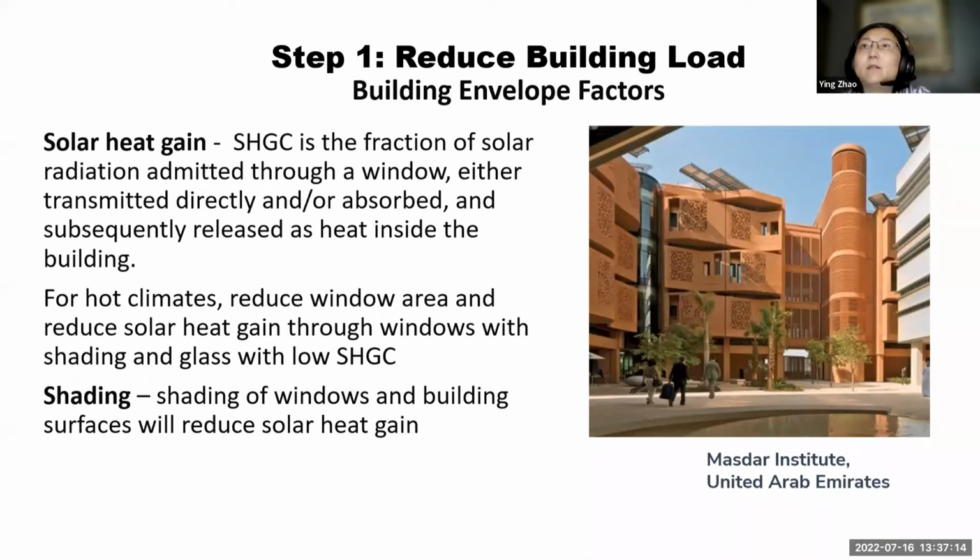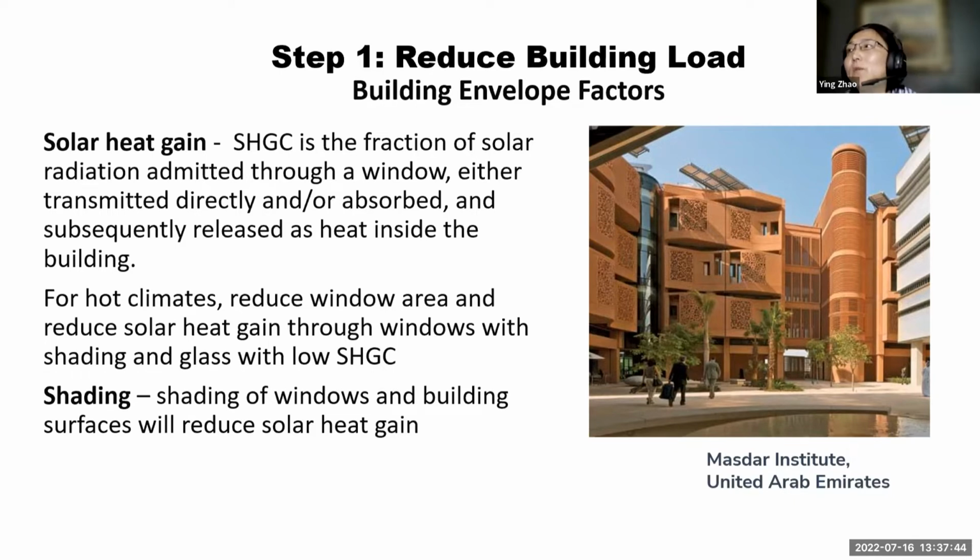The next factor will be solar heat gain. That's very important for both hot and cold climates. The solar heat gain coefficient is the fraction of the solar radiation admitted through the window, either transmitted directly or absorbed and subsequently released as heat inside our building.